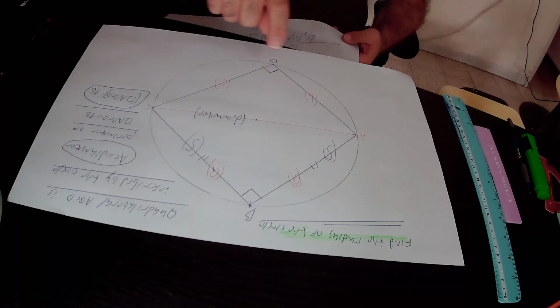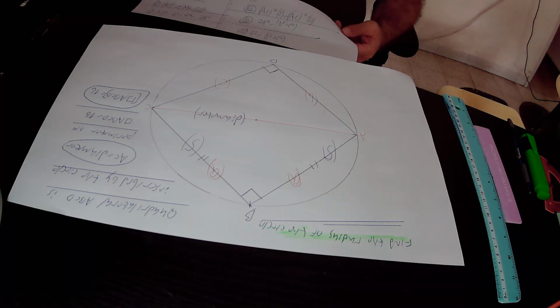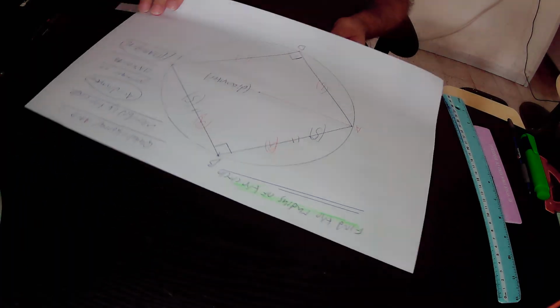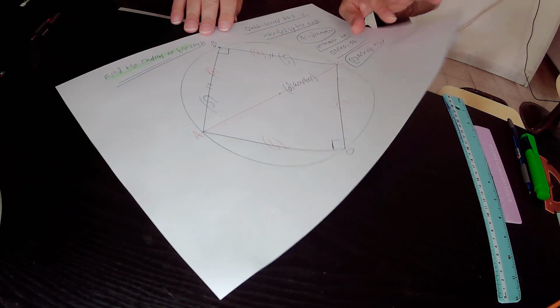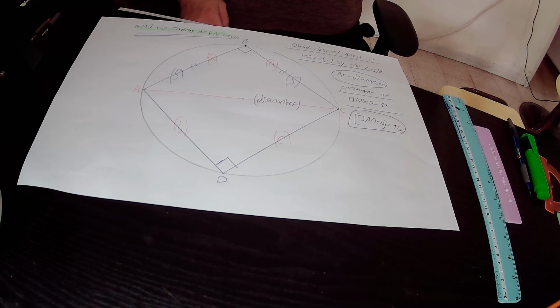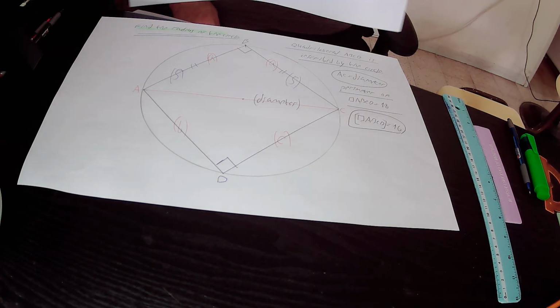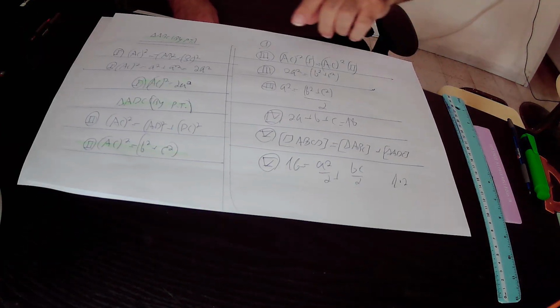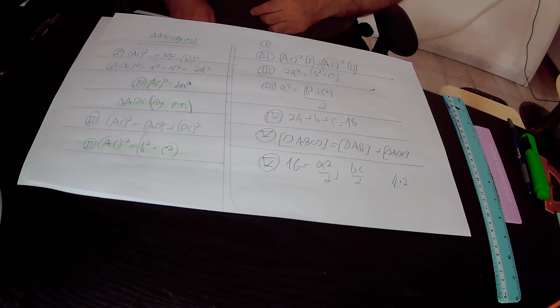AC is the missing hypotenuse, so it equals AD square. AD is B, therefore AD square is B square, plus CD square. CD is C, therefore CD square is C square. So in total, we have found out that AC square equals B square plus C square, according to equation 2.